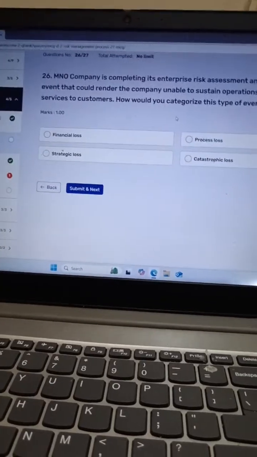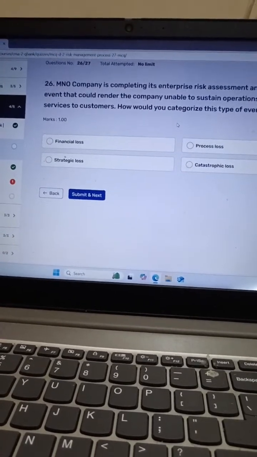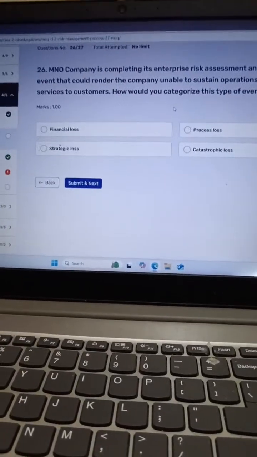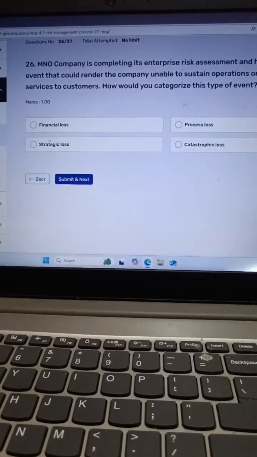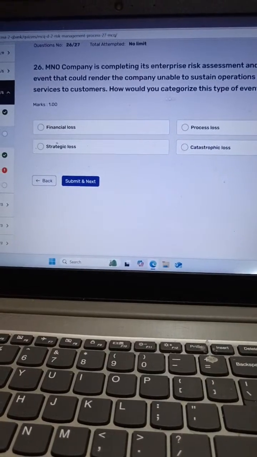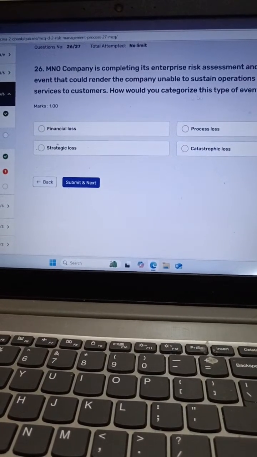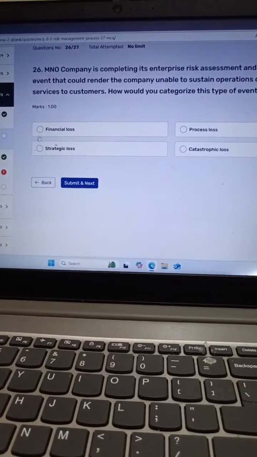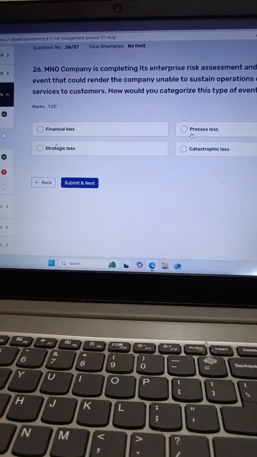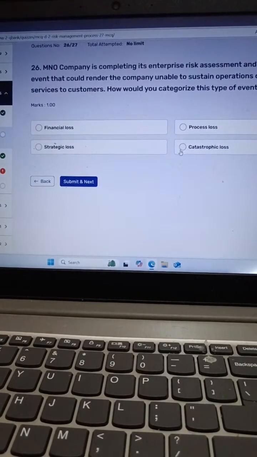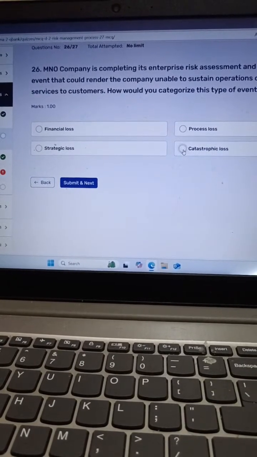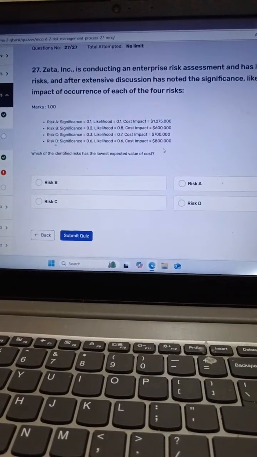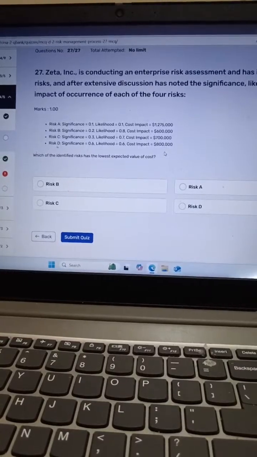In this case, the company is unable to sustain operations or unable to provide services. So how will you categorize this type of risk? Simply, this is catastrophic losses. Catastrophic losses is the right answer.